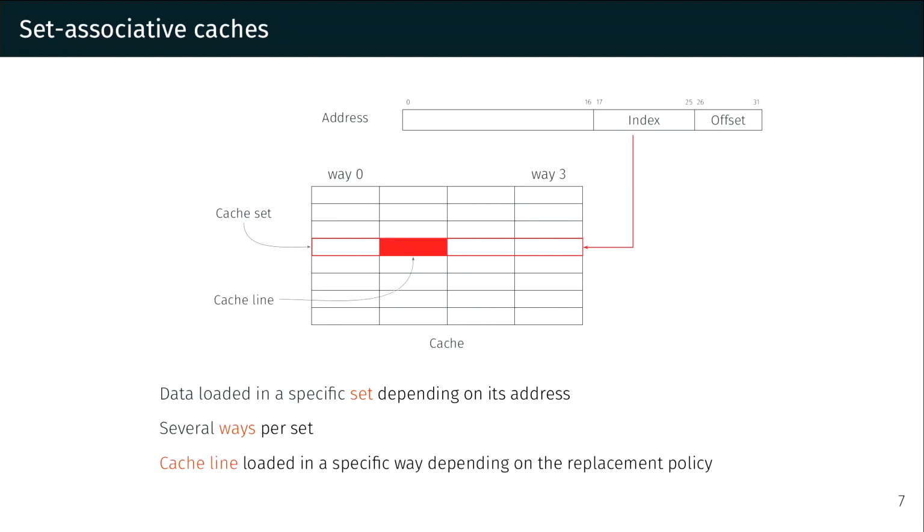The cache line is going to be loaded in a specific way, and that only depends on the replacement policy and not on the address itself. When you load a line into the cache, usually the cache is already full, and you have to make room for a new line. This is what the replacement policy does. It says, okay, I'm going to remove this line to make room for the next line.